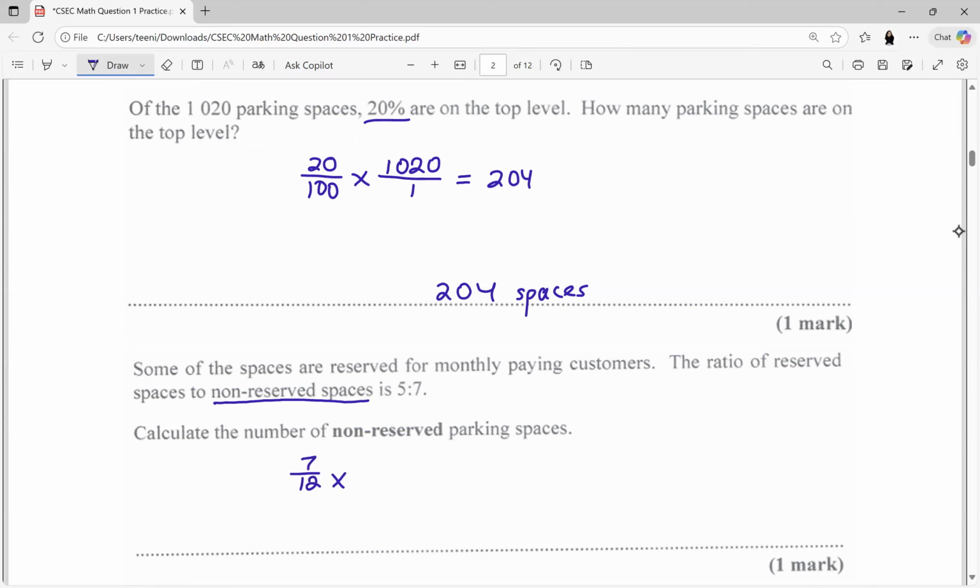So 7 over 12 of the total number of parking spaces throughout the parking lot, so the 1020. I got 595. That's correct. 595 spaces. Good.